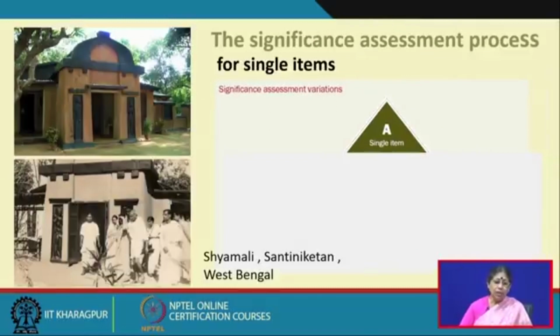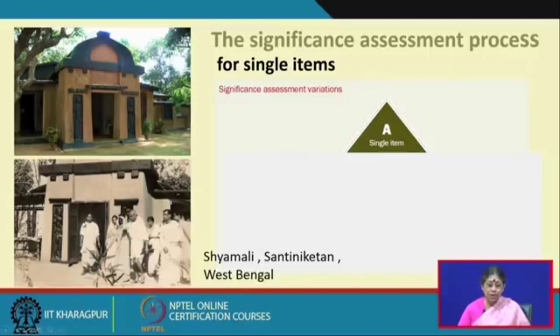If we talk about a building, we talked about Shyamoli earlier in Santiniketan, which can also be a single building in a larger complex, which we have discussed in earlier lectures, and why it is important. It is important because it is an adobe structure which Rabindranath Tagore experimented with. He lived there, and Gandhiji also came and met him and stayed there for some time.